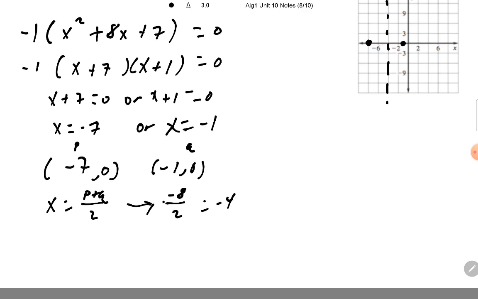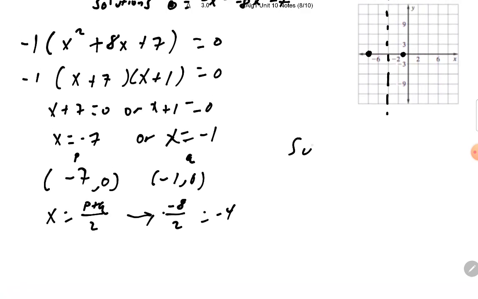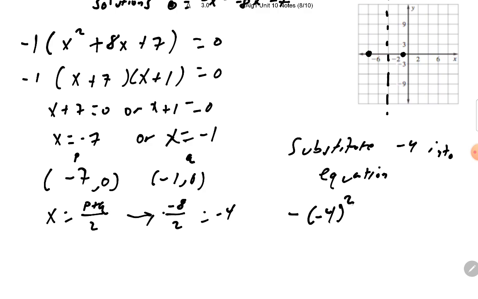Okay, and then we're going to substitute negative 4 into our equation here. And putting it into the original equation, negative 4 squared minus 8 times negative 4 minus 7.